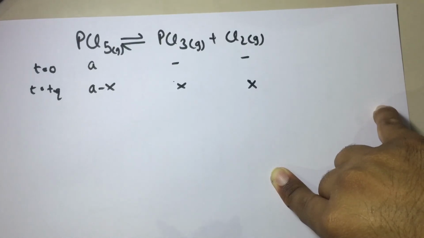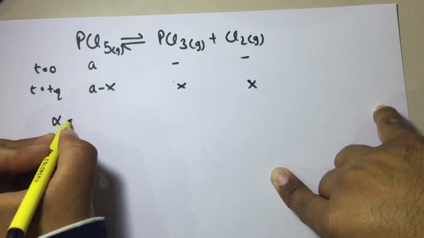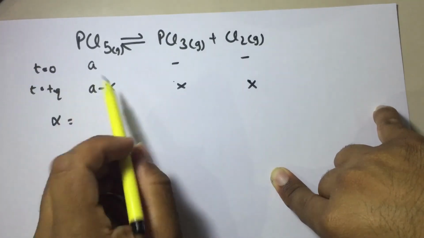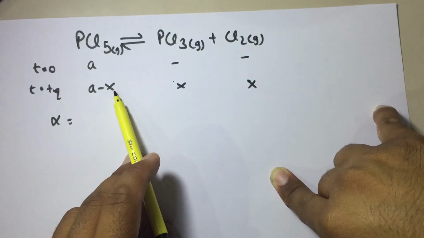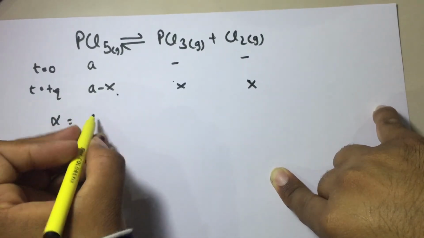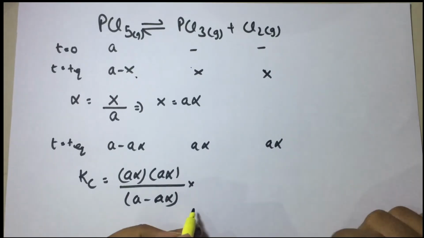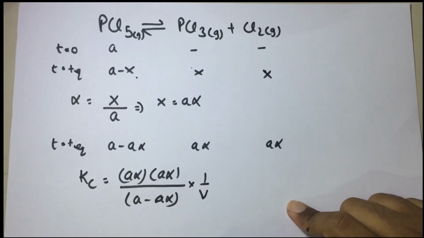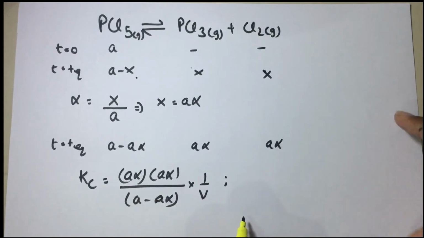Okay, now tell me what was the formula of alpha. Alpha was number of moles dissociated. In this reaction it is clear that x moles of PCl5 are dissociated. So we have to multiply volume in the denominator like this. Now we write the expression of Kp.